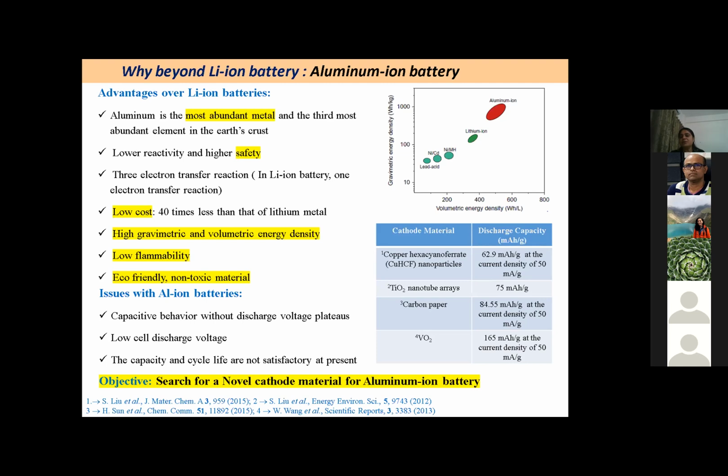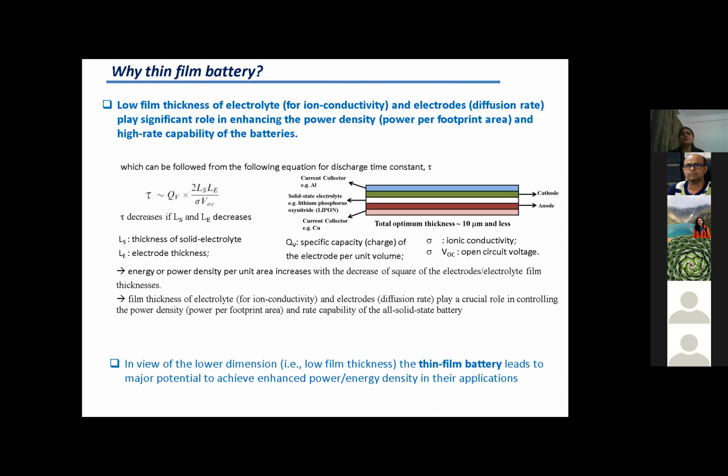The major problem was that people understood theoretically it has a very good capacity, which is why they were interested in working on it, but a suitable electrolyte to conduct the aluminium ion in the battery system was not available. Then chemists developed an appropriate electrolyte, around 2009 or so, for aqueous and non-aqueous systems. After that, research on aluminium batteries really accelerated, and you can now see many publications and patents coming out.